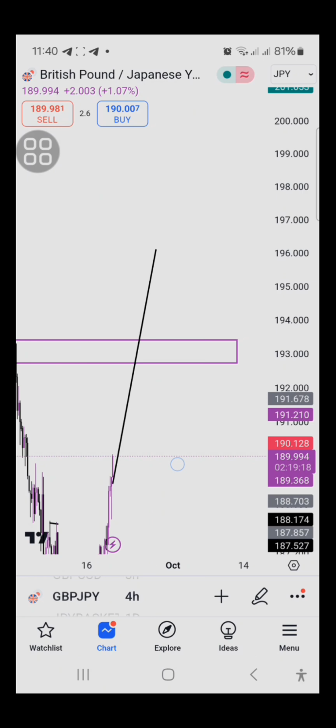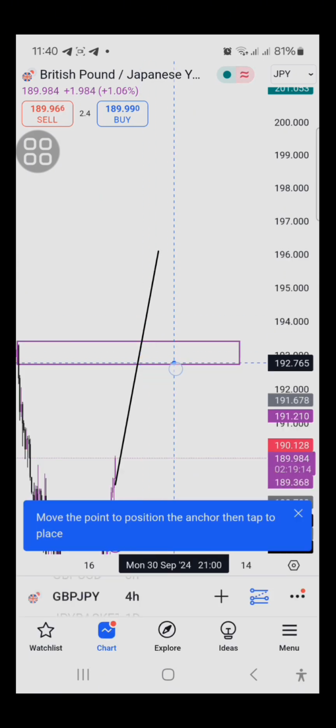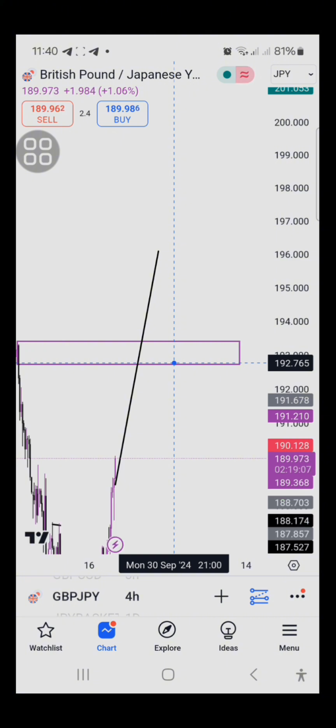So in that case, let me bring out my long position tool. I want my entry to be maybe somewhere here at 192.765.